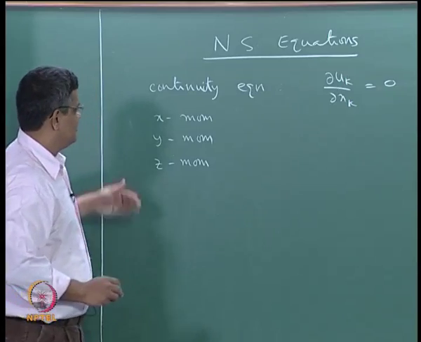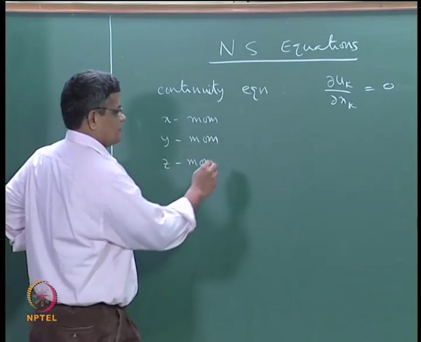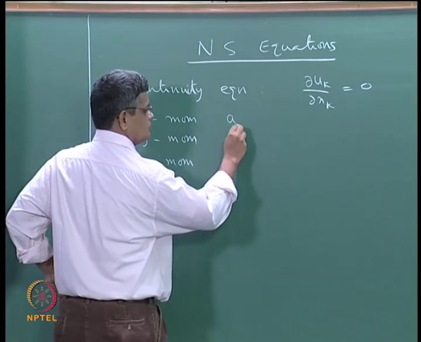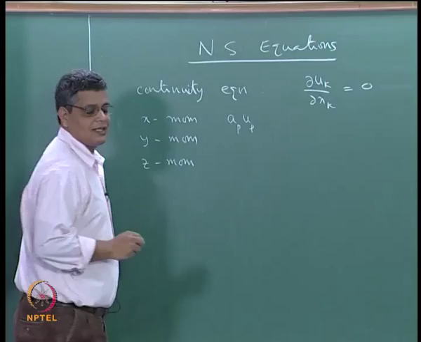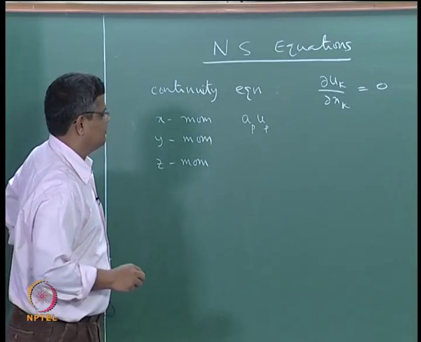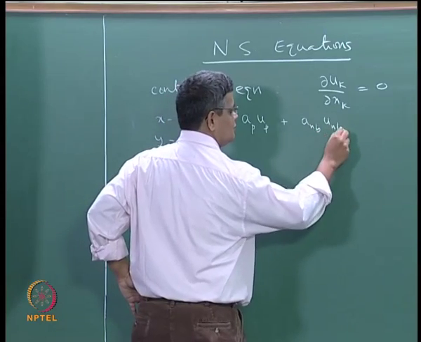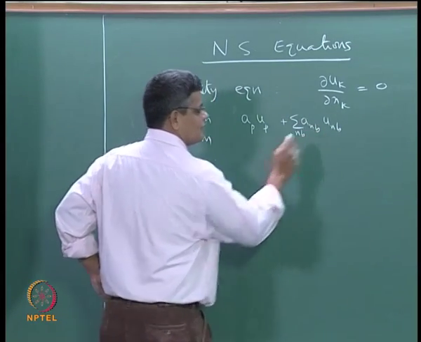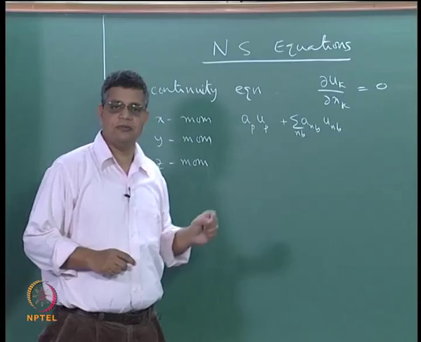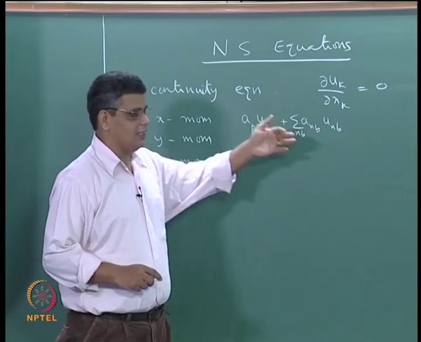and in the SIMPLE method, we have a discretized x momentum equation which can be written in this form: a_P u_P plus the sum of a_nb u_nb, where nb represents the neighboring points, and what those neighboring points are depends on the specific discretization scheme that we adopt for the advection term and for the diffusion term.